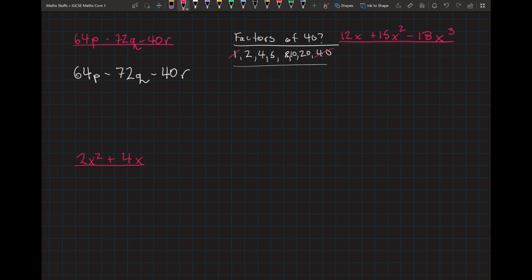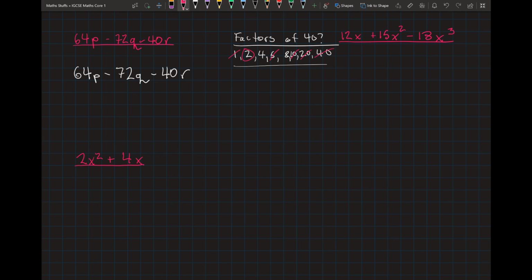2 we could possibly do, but I think we could maybe do better than that. What about 20? No, 20 doesn't go into 64 or 72 easily. We'll have a remainder or a decimal. So no 20s. 10, definitely not. That's half of 20, so we're not going to use 10. 5 is also bad because neither of these numbers are easily divisible by 5.